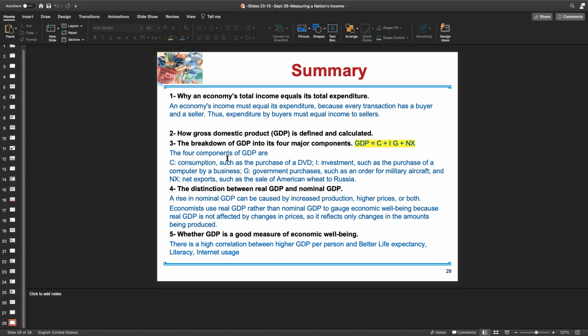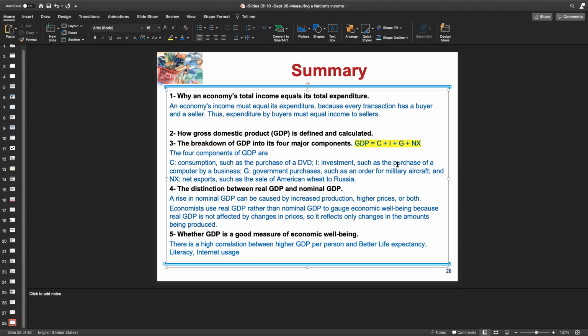And also how gross domestic product is defined and calculated. Gross domestic product is broken down into 4 major components: consumption, plus investment, plus government expenditure, plus net export, which is export minus import. Consumption is, for example, the purchase of a DVD.